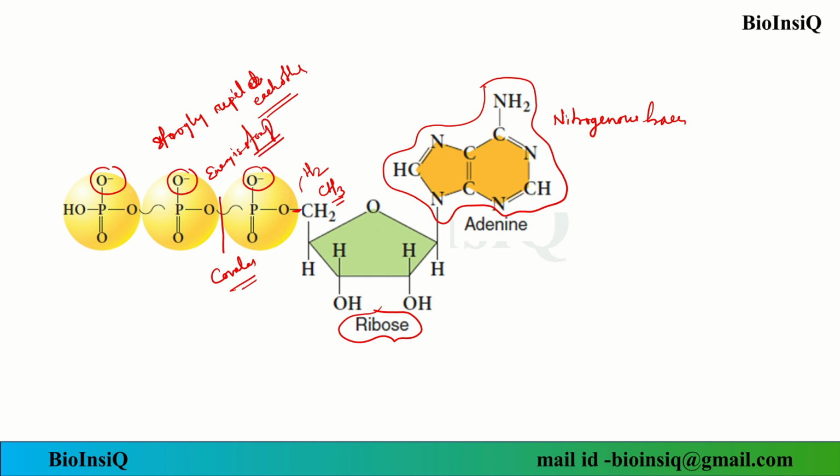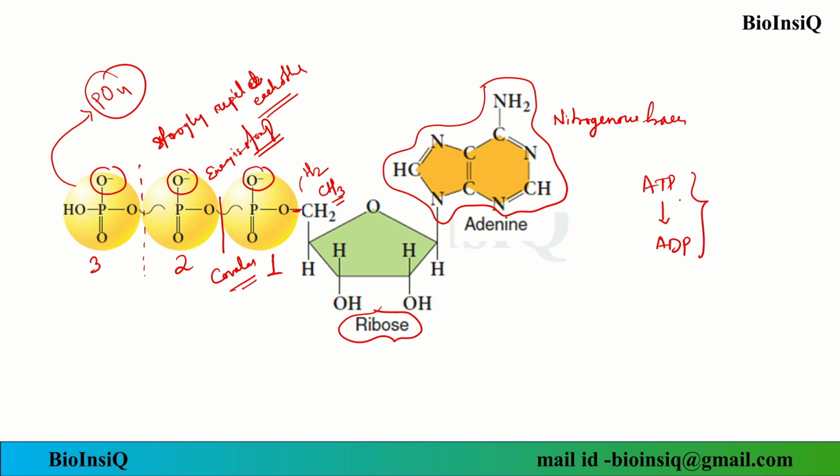So when the cell needs energy to perform its work, it simply breaks its outermost phosphate group, the third phosphate group, and this phosphate group is released, which leads to ATP being converted to ADP, right? Various reactions are carried out by the cell, and when the cell utilizes its energy to do so, it is an exergonic reaction, right?